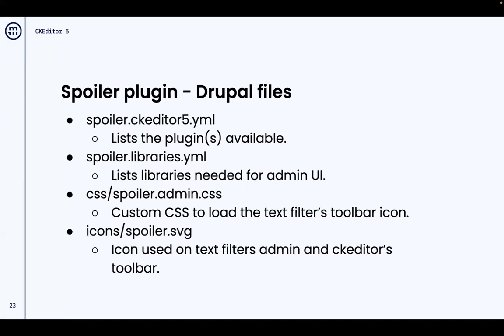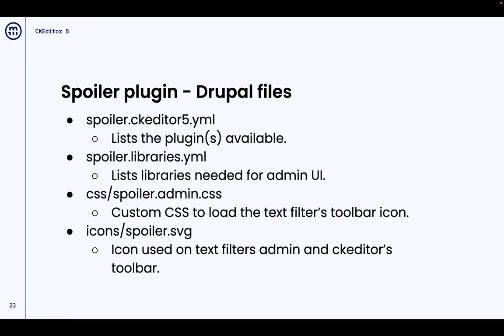There's a CKEditor YAML file, namespaced for the module, spoiler.ckeditor5.yaml. This is the file that lists all of the plugins available to CKEditor 5. So you don't need an annotation, you don't need an SRC file or anything. It's not dealing with the PSR4 SRC directory. This is just providing a YAML file that defines what the plugin is.